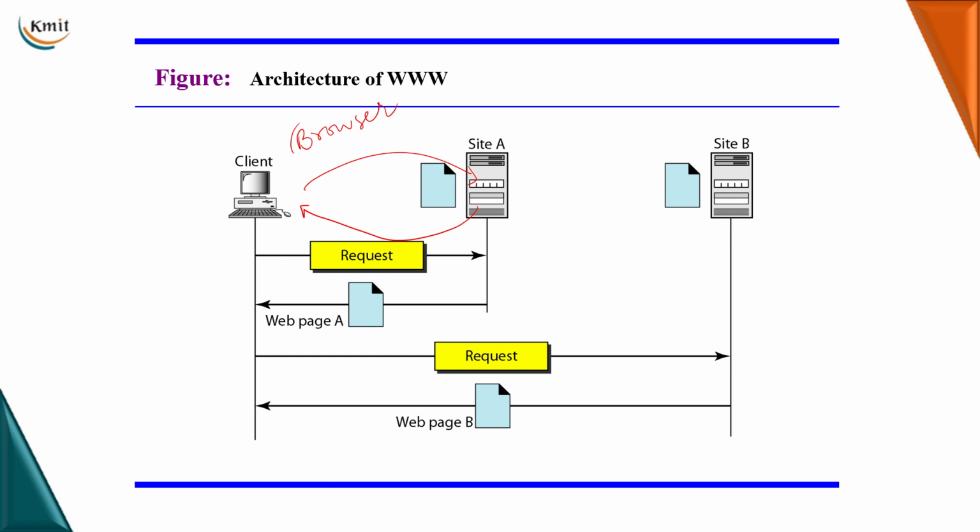See, for example, here a client, which is nothing but a browser, is requesting a web page from server A. And in response it will get a web page, and this web page will consist of a reference request to another server. So the request is given to this particular server again, and this will in response give back the web page required to the client.